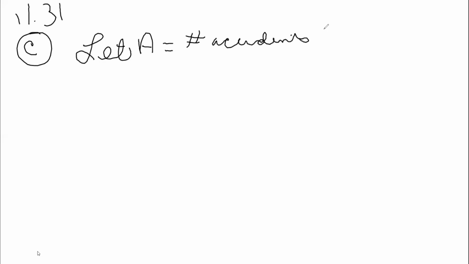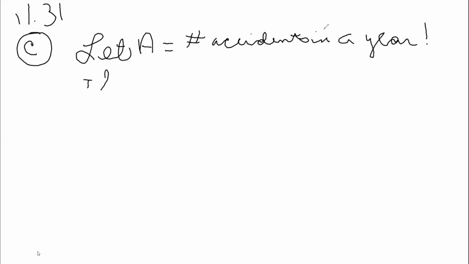So we restate this in terms of x bar. How the heck do we do that? We're going to let A, just a variable, be the number of accidents. I'm calling it A because the first letter of accidents is A.